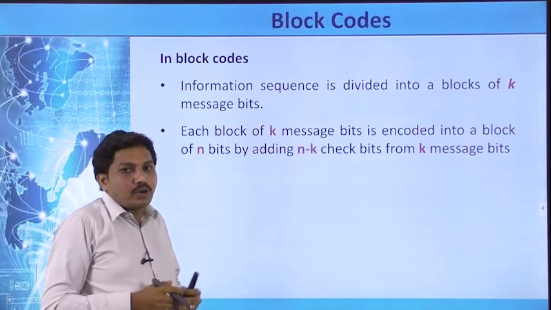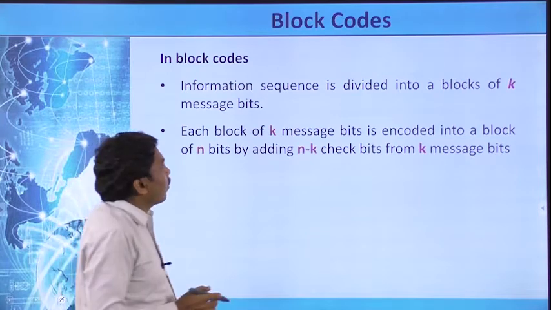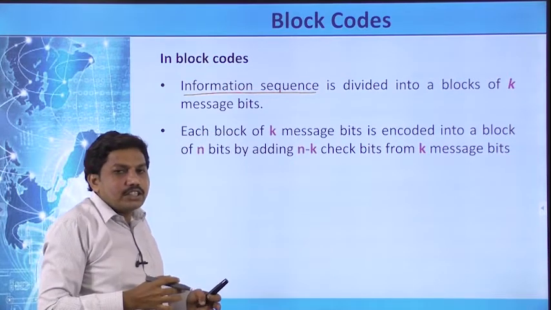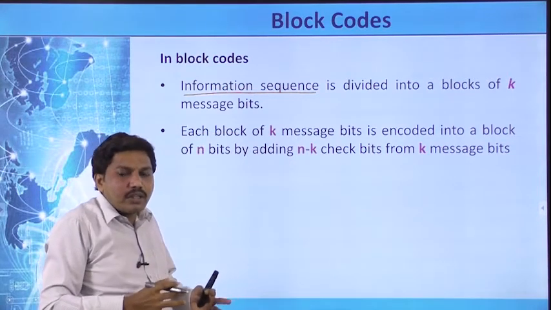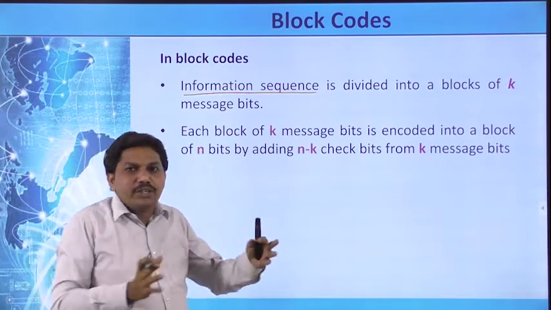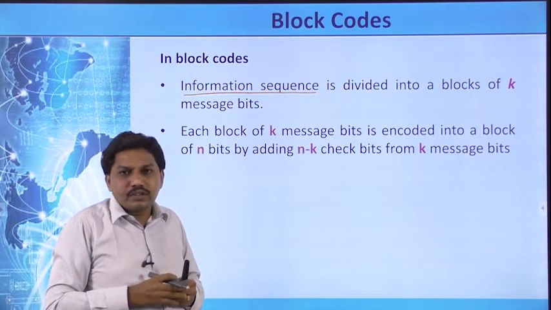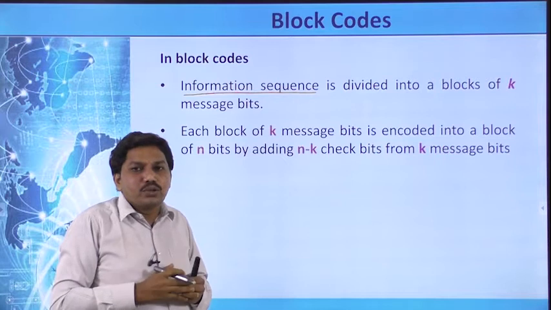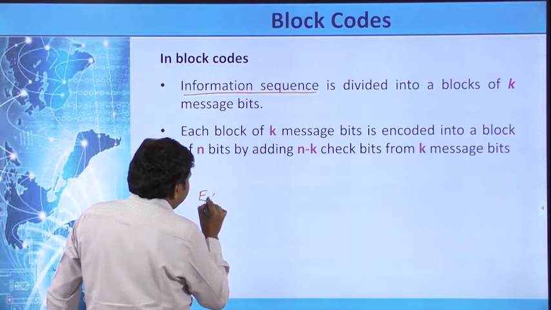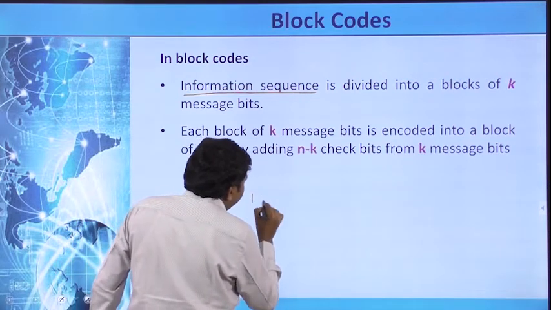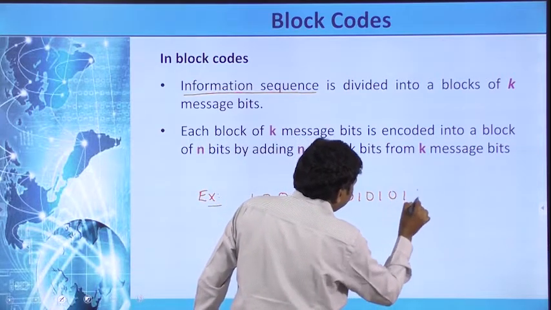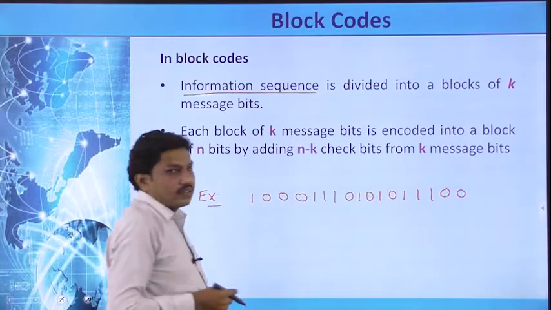The first one is block codes. In case of block codes, the information sequence is divided into blocks. The length of each block is k bits. For example, 100 bits are there. That means 100 bits are transmitted. I am dividing 100 bits into 5. Let us say these are my information bits, right?